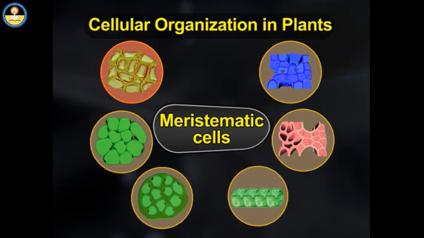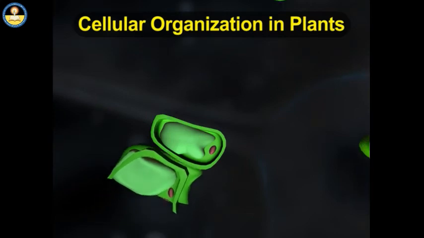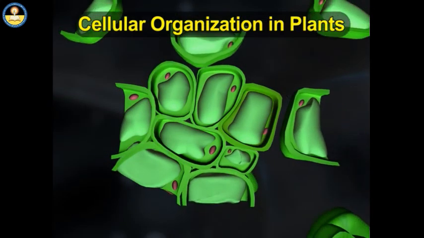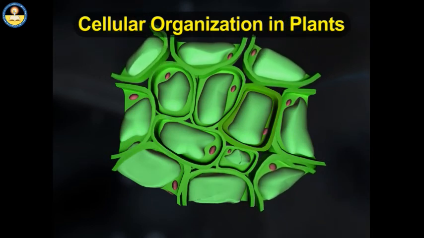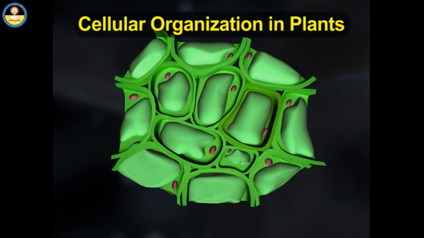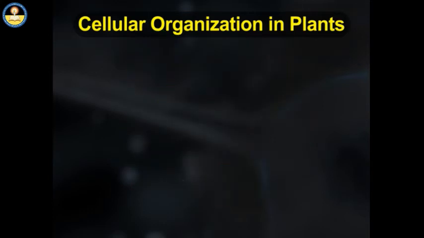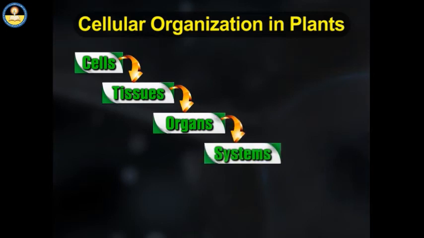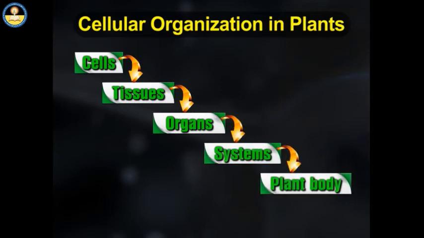Other cells get differentiated from these cells. Cells join to form larger units known as tissues. Levels of cellular organization in plants are also the same. It starts with cells and continues with tissues, organs, systems and ends with plant body.